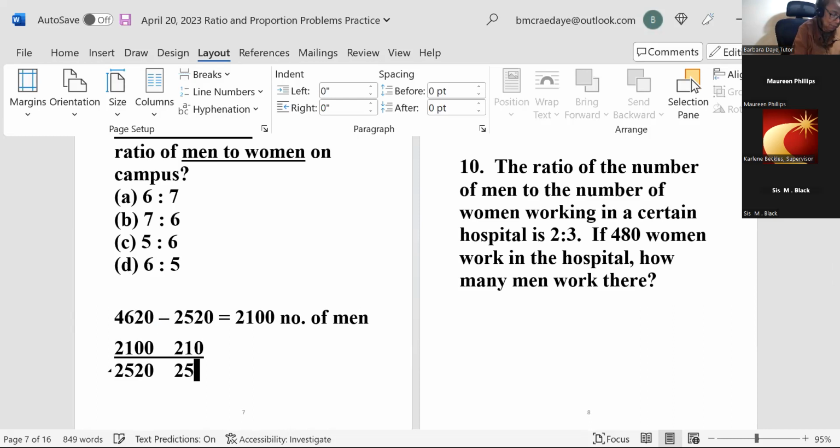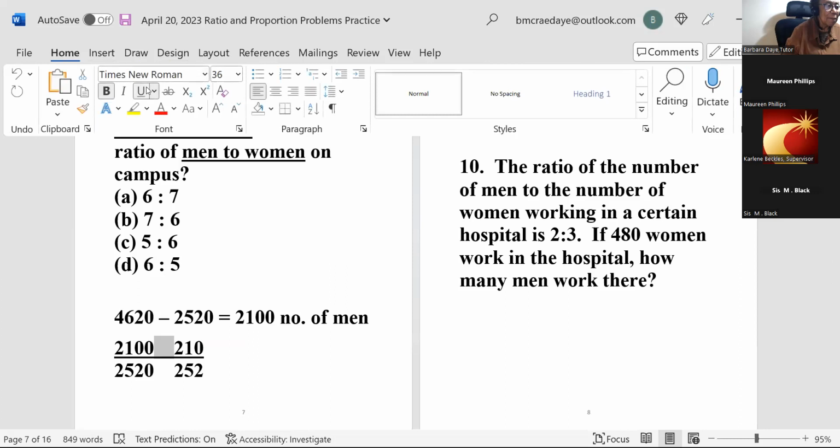Now, think of the factors. Think of a factor that will go into both of those. Think of factors you could multiply and get the top one and then see if it would work on the second one.